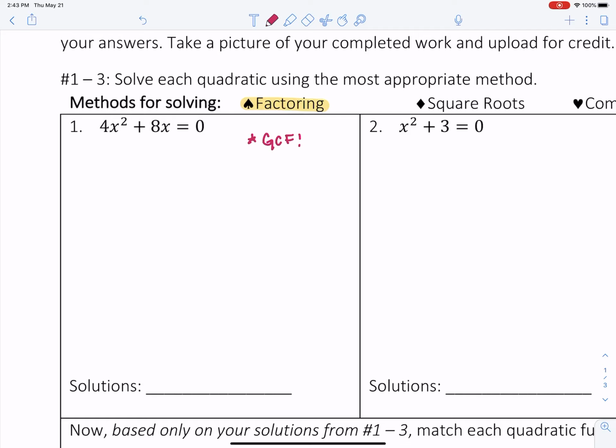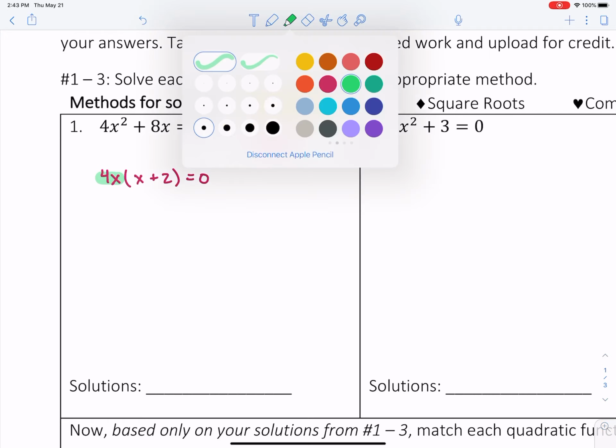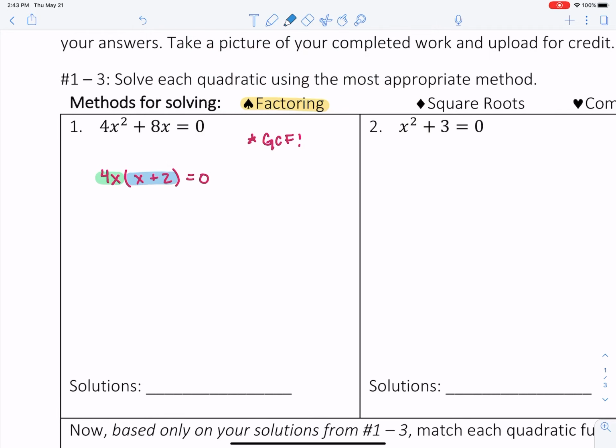So my GCF for this guy is 4x, meaning that if I factor out a GCF of 4x, I'm left with x plus 2, and that of course is equal to 0. And this is why we love factoring so much, because now we're able to split up these two factors and use that zero product property, meaning that 4x is equal to 0, or x plus 2 is equal to 0.